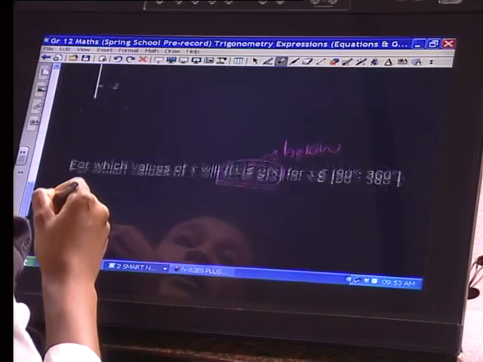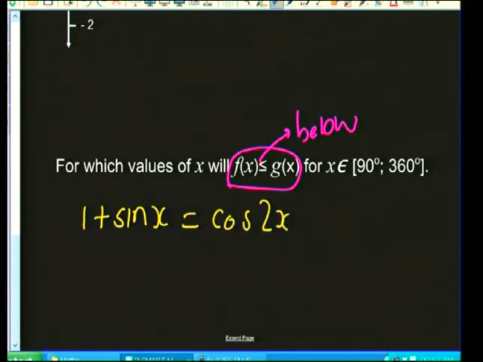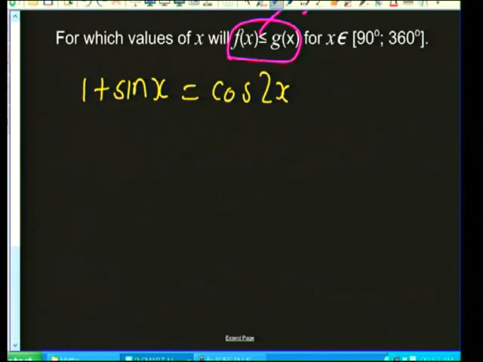How do we find those points? Point of intersection. And how do we do that? We make the graphs equal. So our two graphs are 1 plus sine x, and we make it equal to cos 2x. Now remember, when we did equations, you need to get everything in terms of one trig function.